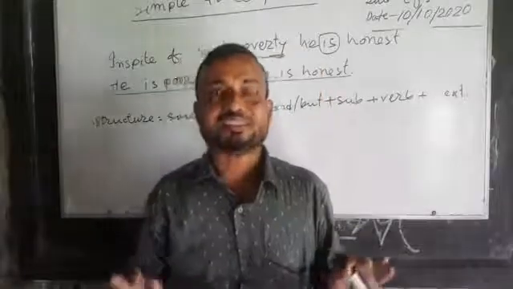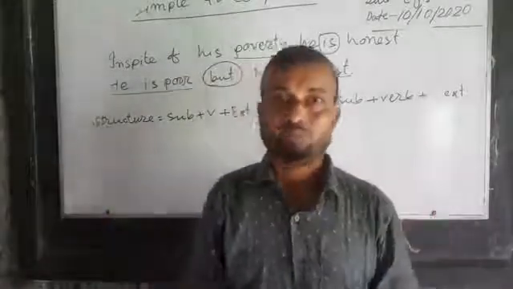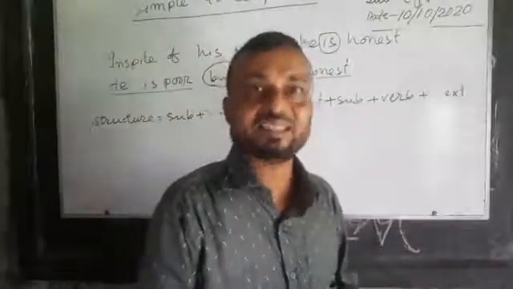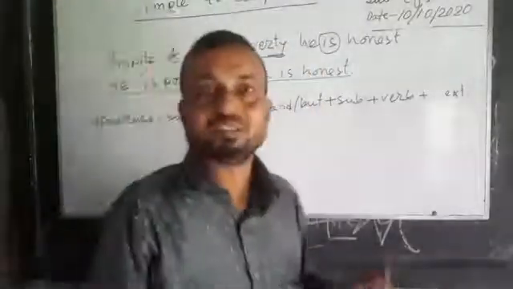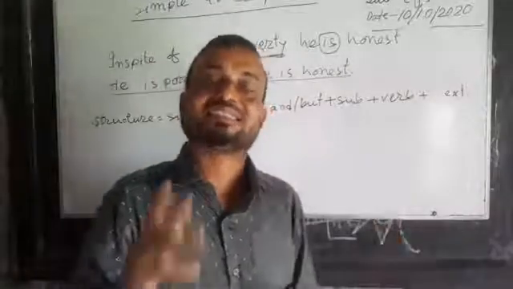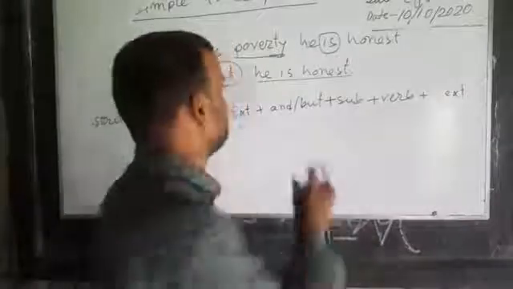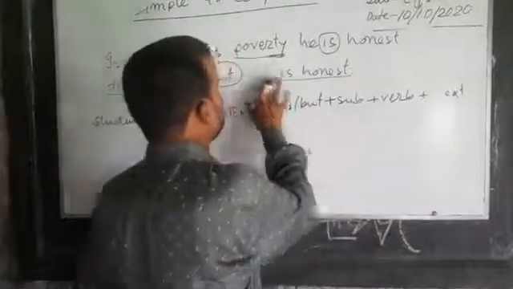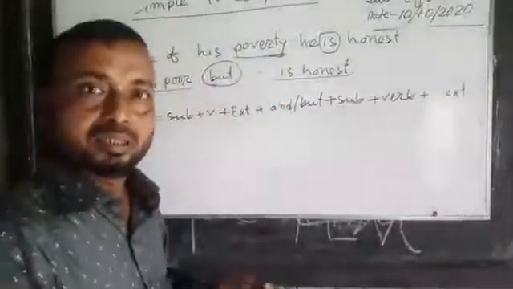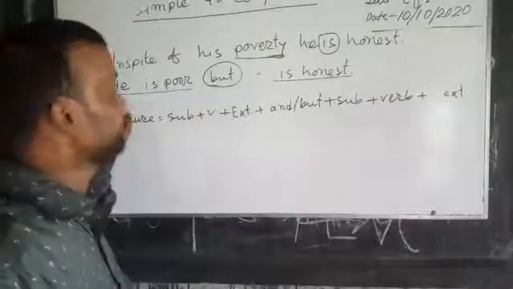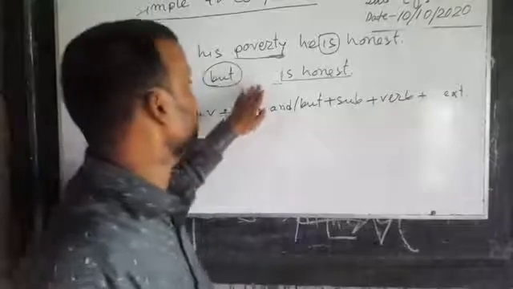And when two clauses are connected with any connector, and or but, at that time, if the subject of those two is the same, then we need not use the subject. Understand, my dear students? The first clause subject is he, the second clause subject is also he.